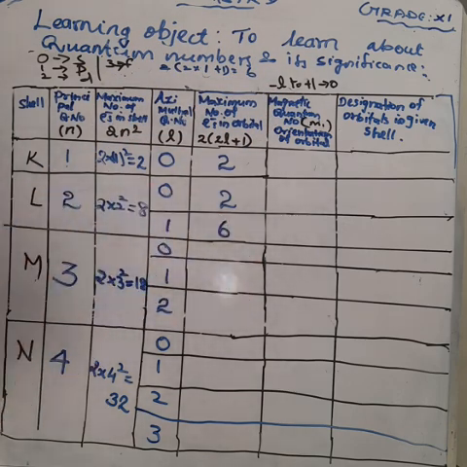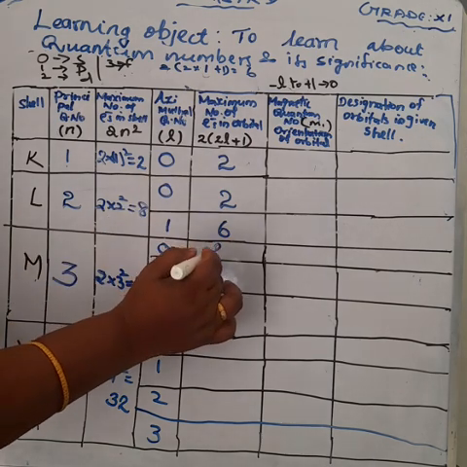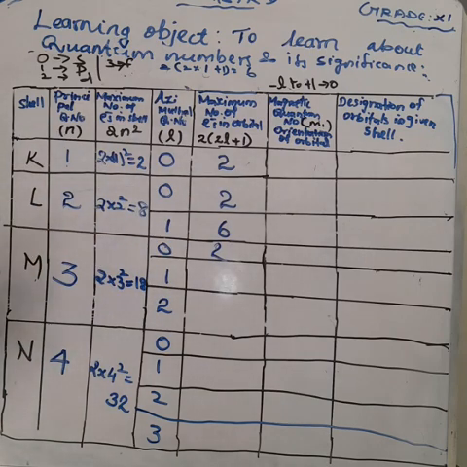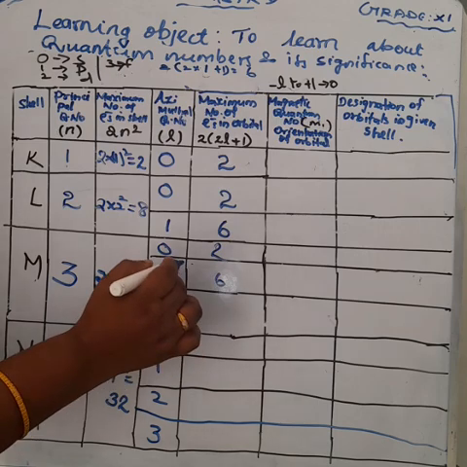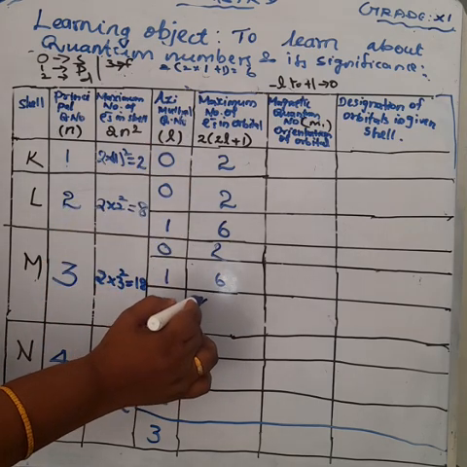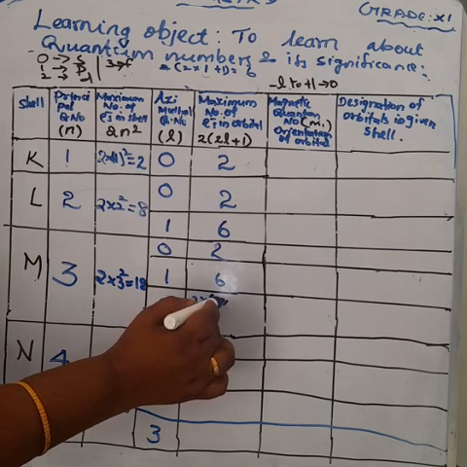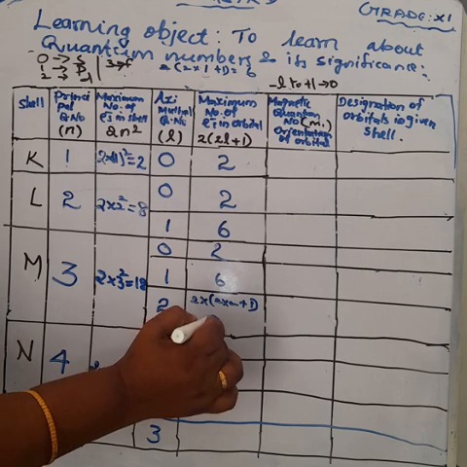So L value 0 means the maximum number of electrons is 2 using this formula, and 1 means the maximum number of electrons is 6. And for 2, it is 2 into (2 into 2 plus 1), which is equal to 10. 2 into 2 is 4, 4 plus 1 is 5, 5 into 2 is 10.